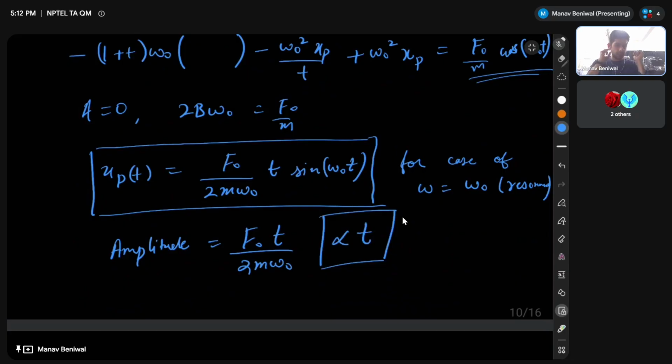What this means is, as time progresses, our amplitude keeps on diverging, and this is the condition of resonance. It is not a constant, it is not damping, but it is always increasing with time.